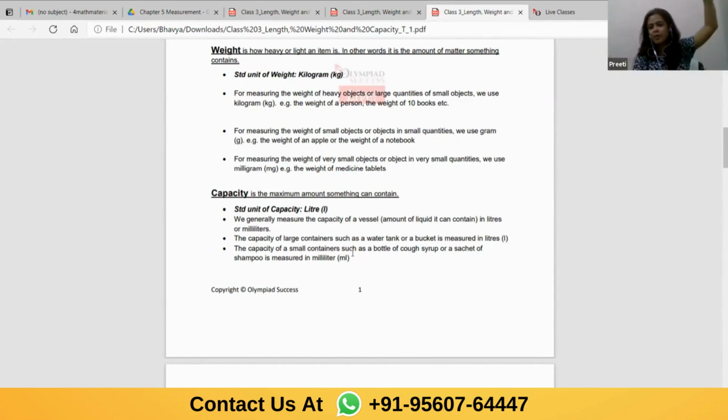So either we are talking about a very big thing or a very small thing. This is an overview of the units. Now I'm going to tell you the relation between these units and how they differ from each other. There is a very, very big difference.